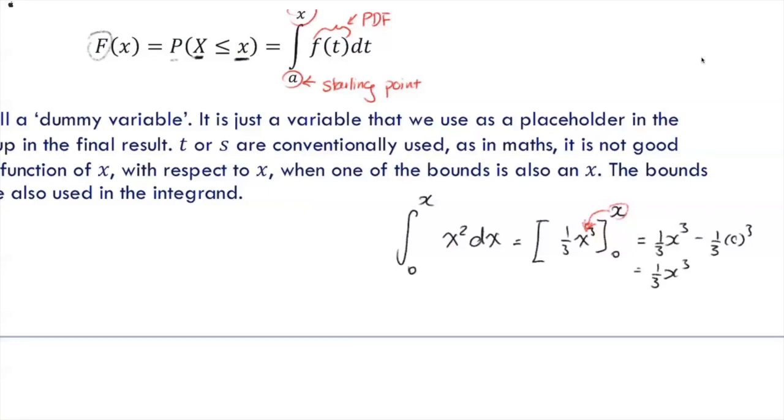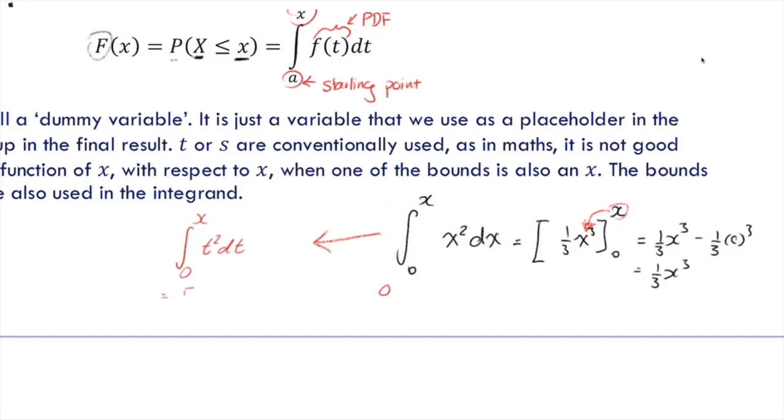But what I should have done instead is take this and integrate from 0 to x, but instead of writing x squared dx, I'm going to write it in terms of another variable, some dummy variable t.